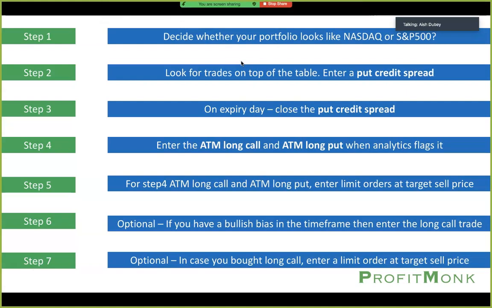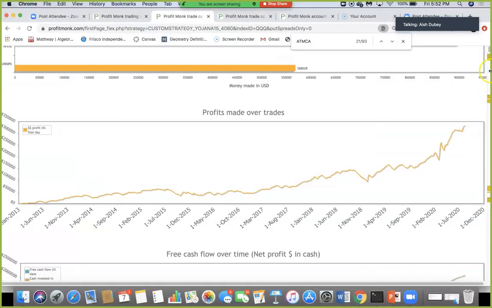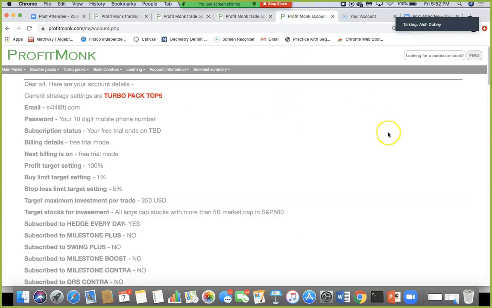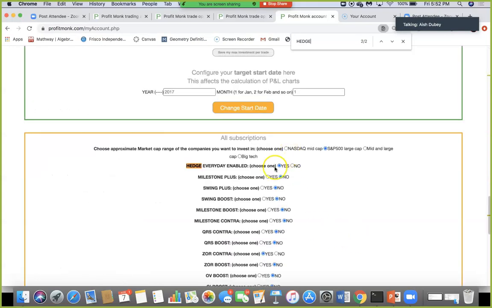What you were looking at in the web page settings here is basically every day. So every day for the last 6 years, if you make one trade, that's how it'll look. But you can change this if you go to your account settings here, and if you search for this particular method, if you search for hedge here, what you will see is that there is a setting here.